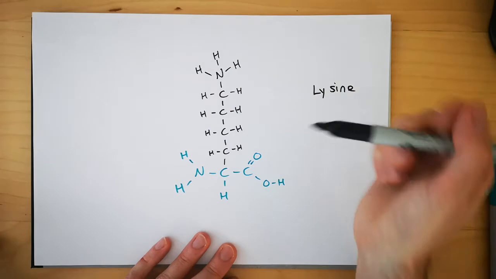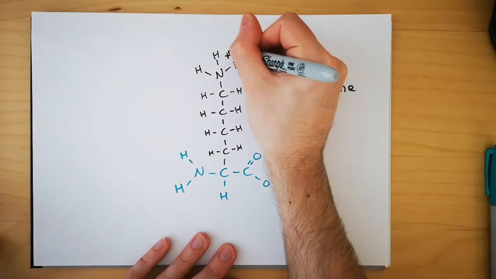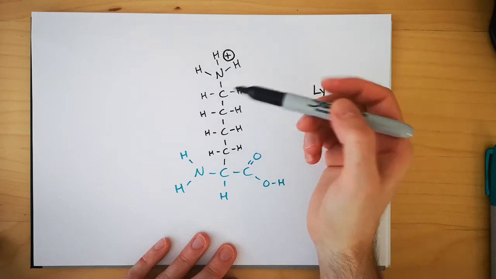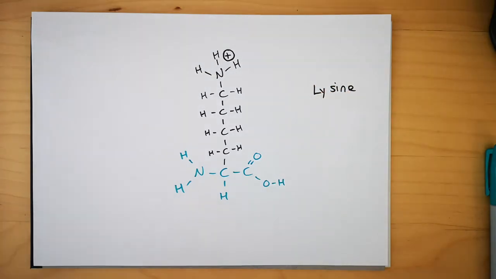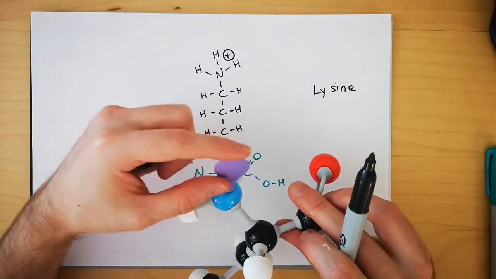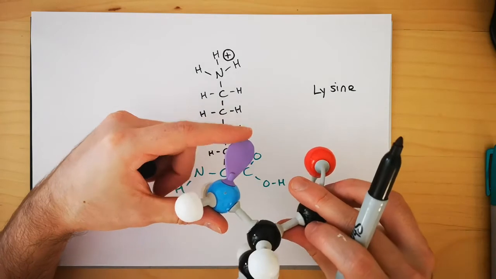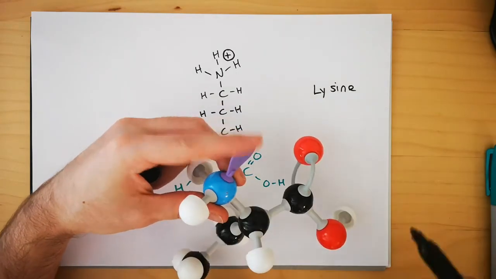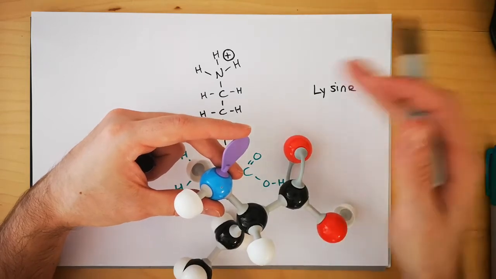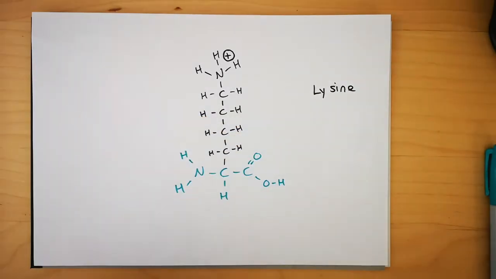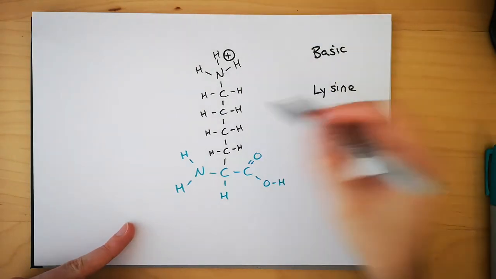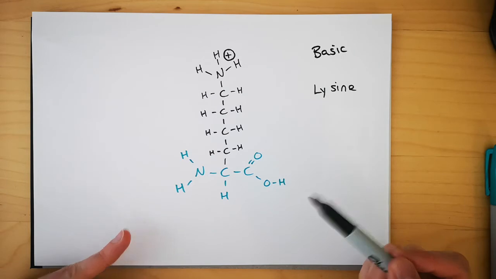If it's formed 4 bonds, then there will be a positive charge associated with this, because basically what's happened is, in fact I'll use that as a wee example, the lone pair of electrons there has allowed an H positive to bond. Because the H positive has moved out of solution, the solution itself will become less acidic and more alkali, and this is why this is a basic amino acid. So this is a basic amino acid and it has a positive charge there.